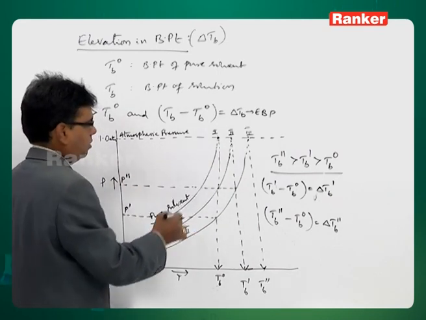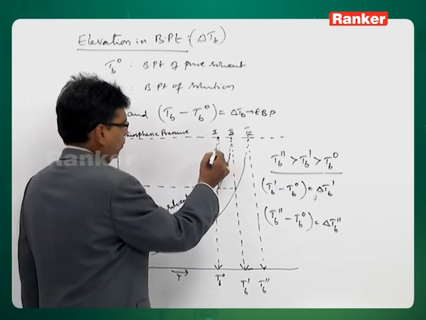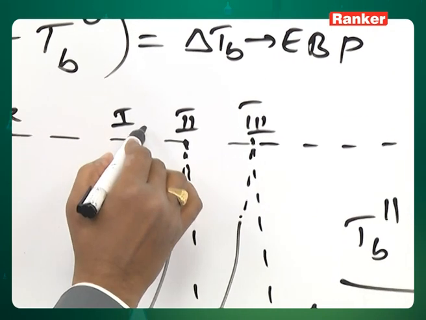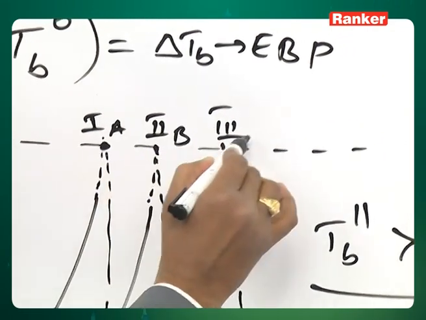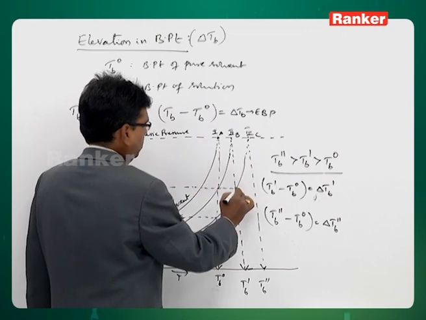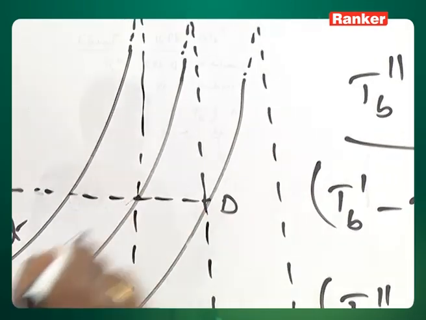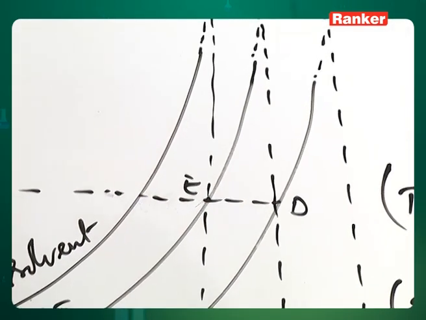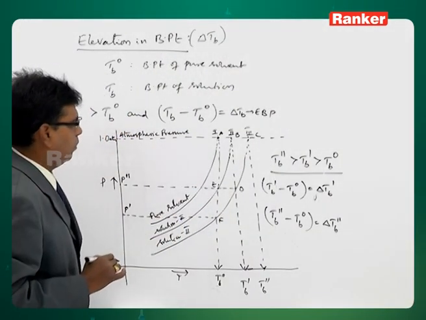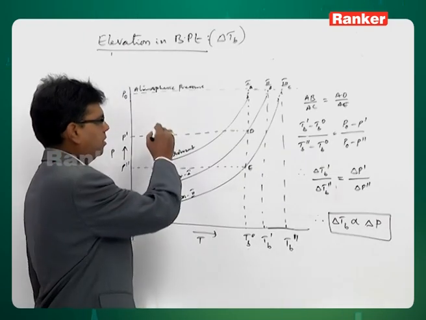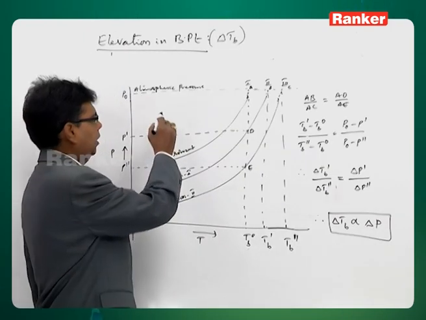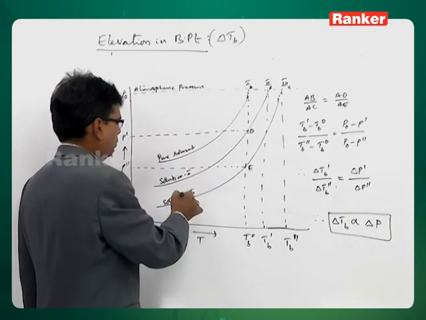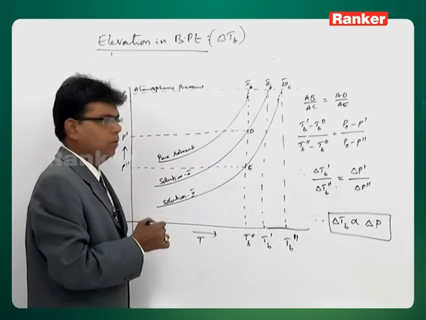As you can see in these cases, if you take the triangles like this and note down the points of intersection as A, B, C, D and E, F, like this. In the graph, once again, the pure solvent, solution 1, solution 2 curves have been drawn.